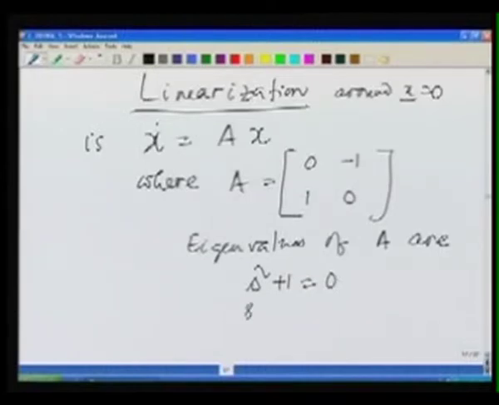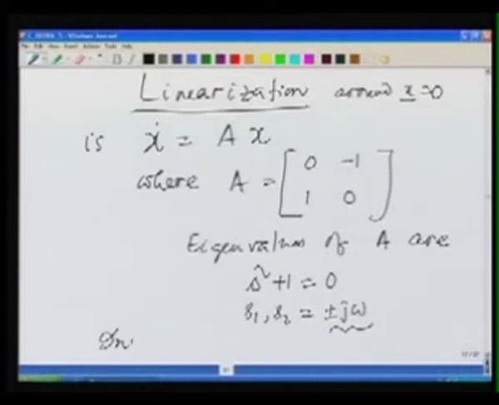So, s 1, s 2 are plus or minus j omega. The eigenvalues do not have a negative real part. So, by using the Lyapunov indirect method, we cannot determine the stability.